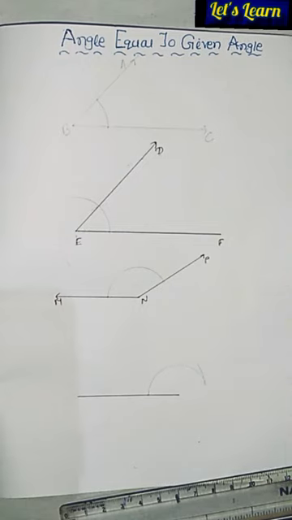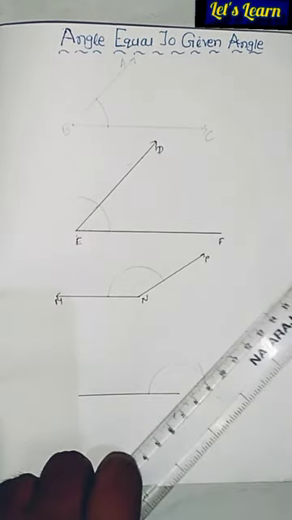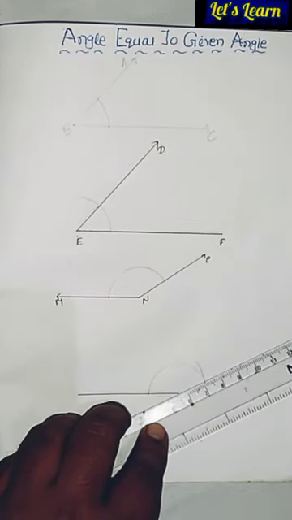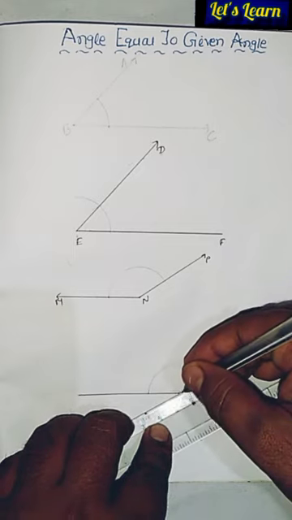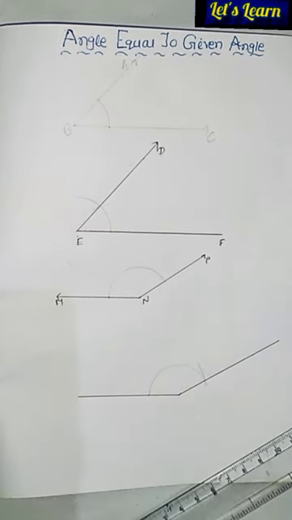Let us join these two. We get the same angle. This is the process by which we can construct the given angles.